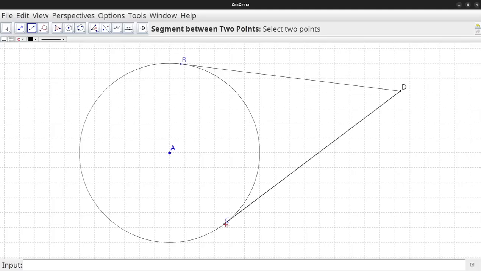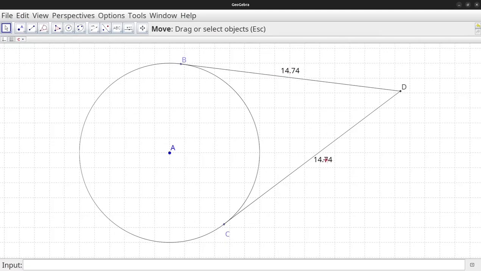What we want to explore is the relationship between BD and CD. Let's check them in terms of length. What's the length of tangent CD? That's 14.74. And then what's the length of tangent BD? 14.74.